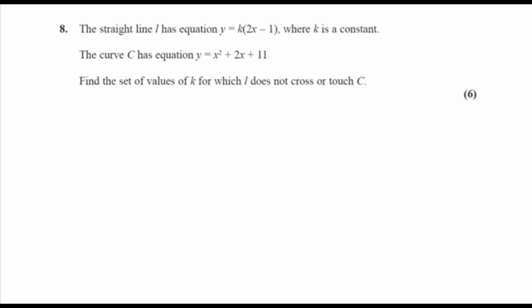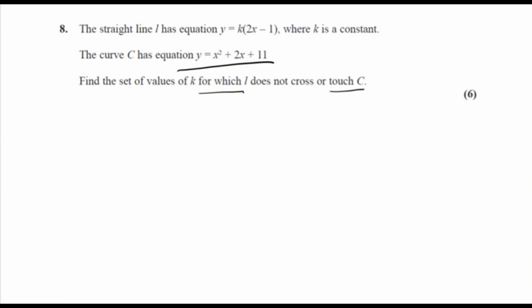The straight line L has equation y is equal to k times (2x minus 1), where k is a constant, and C has this equation. Find the set of values of k for which L does not cross or touch C. So we know when the line is not touching, it means b squared minus 4ac is less than 0.